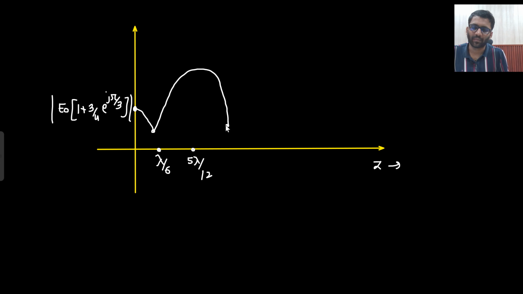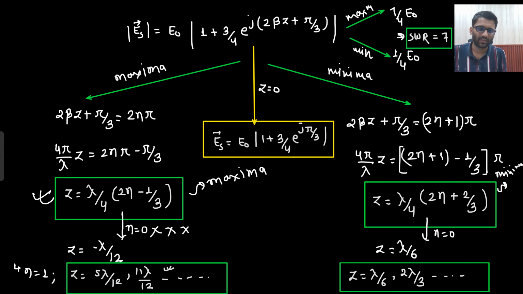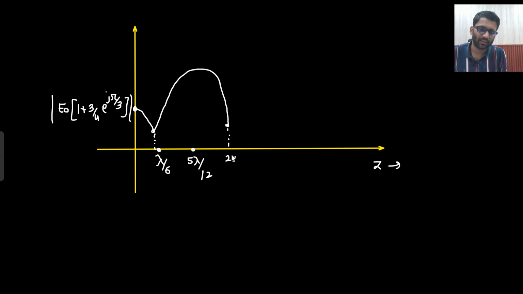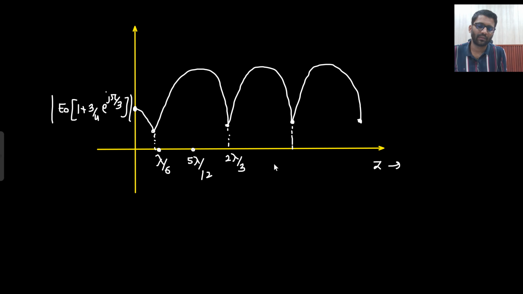Then again minima, this is 2 lambda by 3. Then again maxima, then again minima, then again maxima, again minima. In that manner we will go, right?